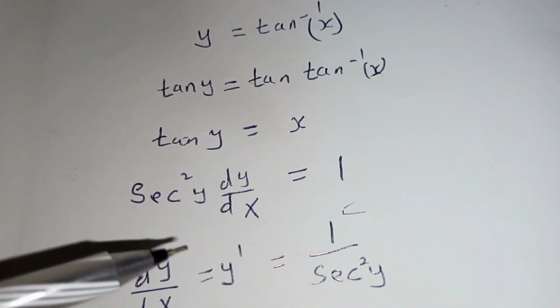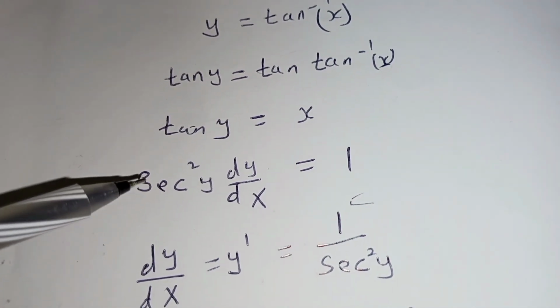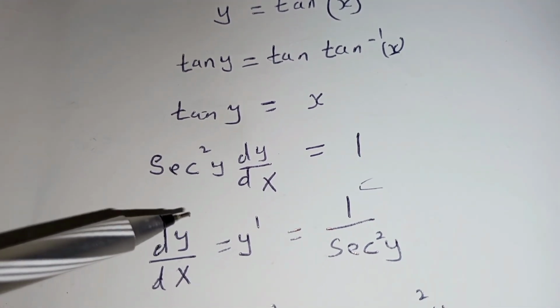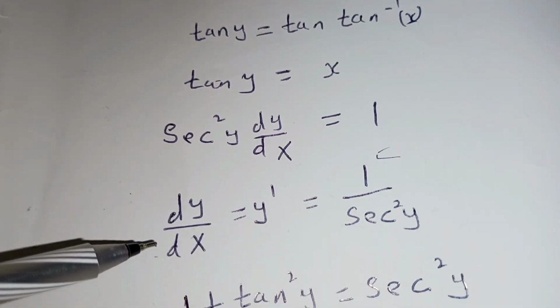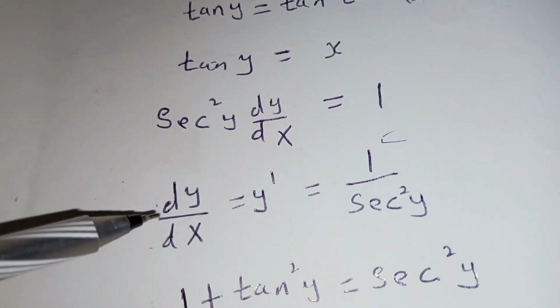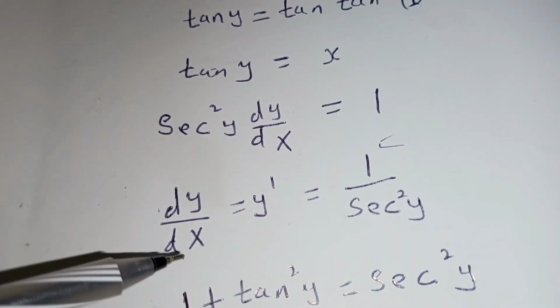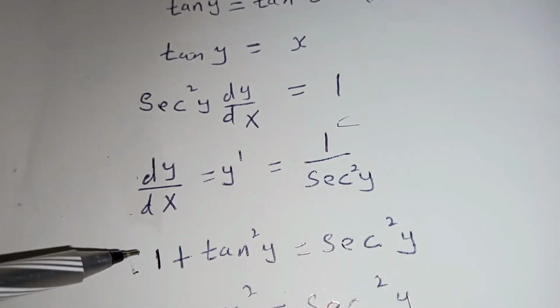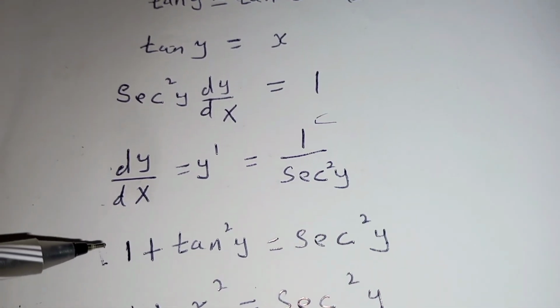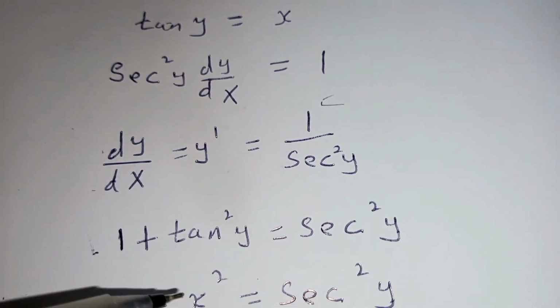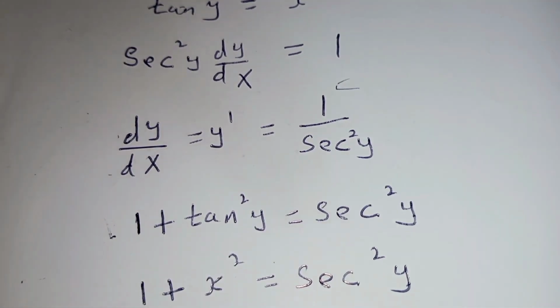Then we divided both sides by sec squared of y, so that on the left we are left with y prime, representing dy over dx, meaning that we are finding the slope of the function with respect to x. Now we made use of this trigonometric identity, which says that 1 plus tan squared of y is equal to sec squared of y.